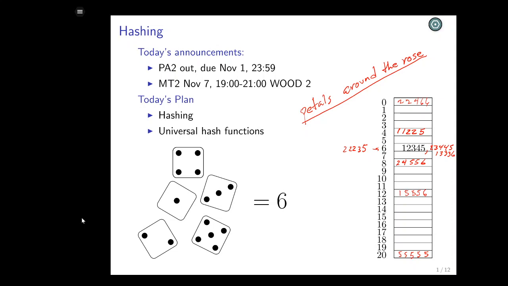Petals around the rose. 4. 2. How many people think they have it? Okay, good. Because I'm getting tired of rolling dice.